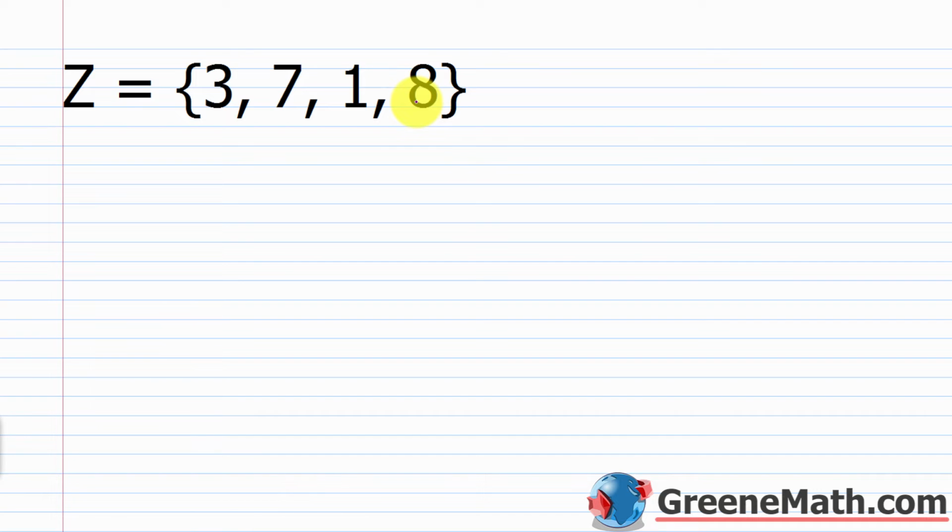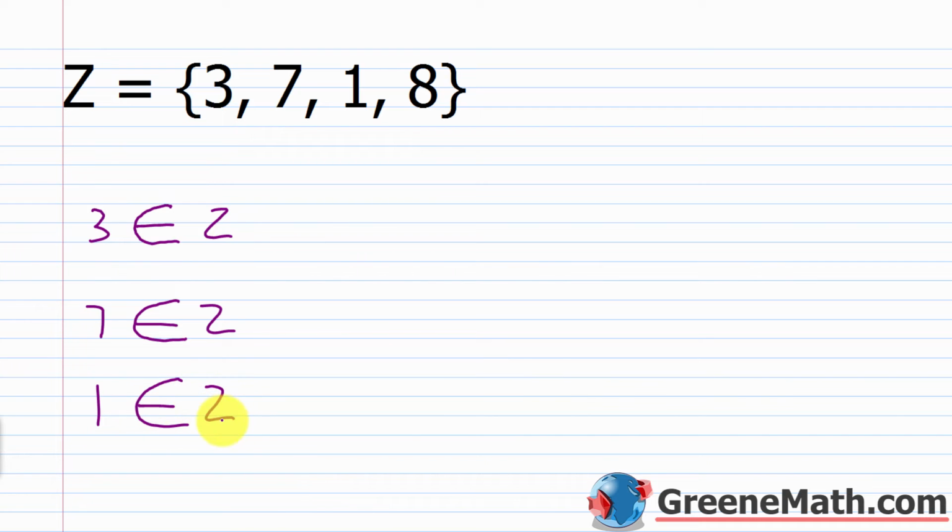So what I can do is I can take each one, and I can say, okay, 3 is an element of set Z. It's denoted like that. Or I could say 7 is an element of set Z. Or I could say 1 is an element of set Z. Or lastly, I could say 8 is an element of set Z.